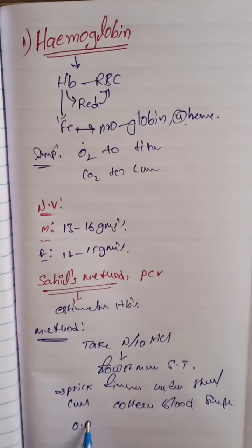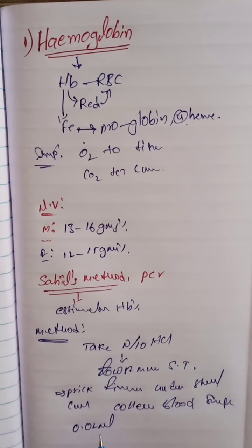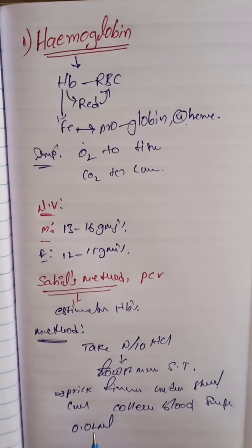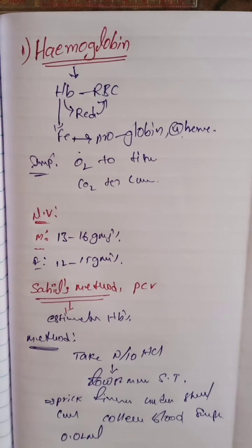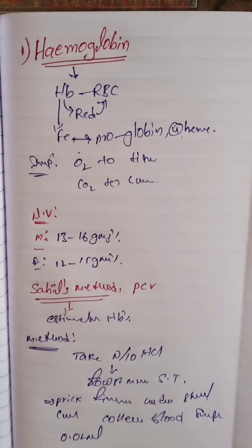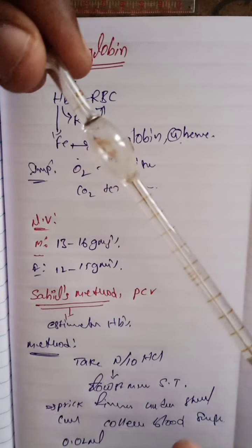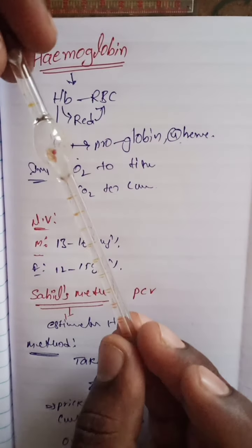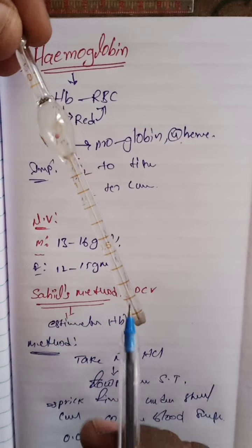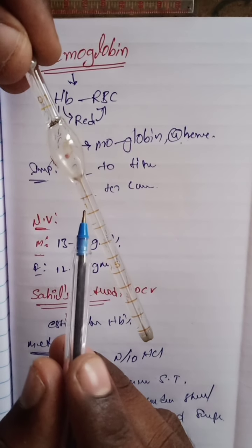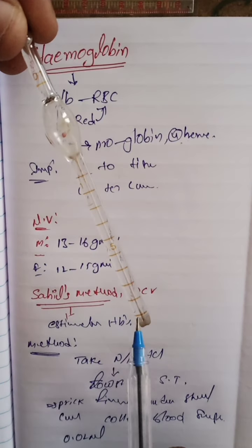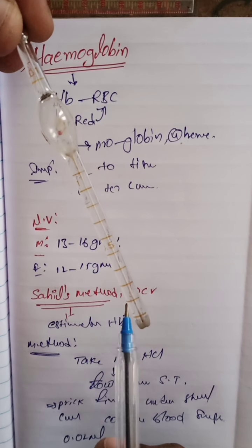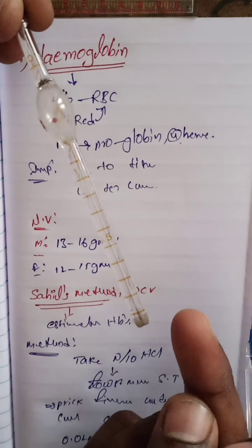Just 0.02 ml of blood collected from our finger in a pipette. This is the pipette. Up to here we collect 0.02 ml; this is 0.05, and the next is 0.1. Up to here we collect the blood sample from the fingertip.